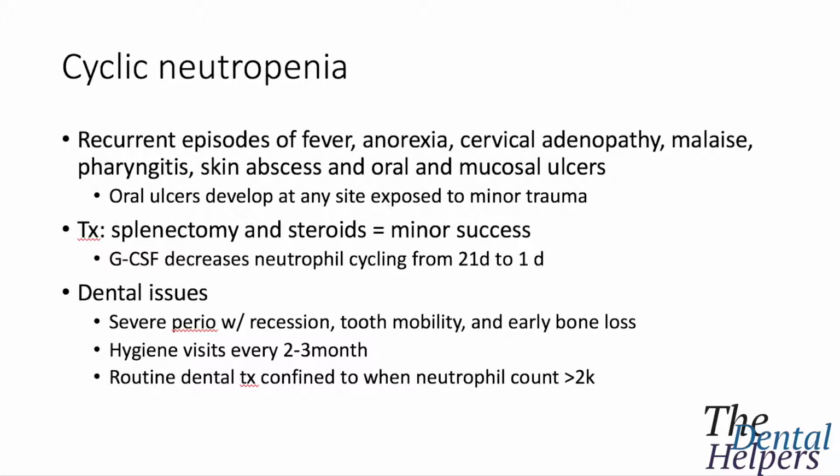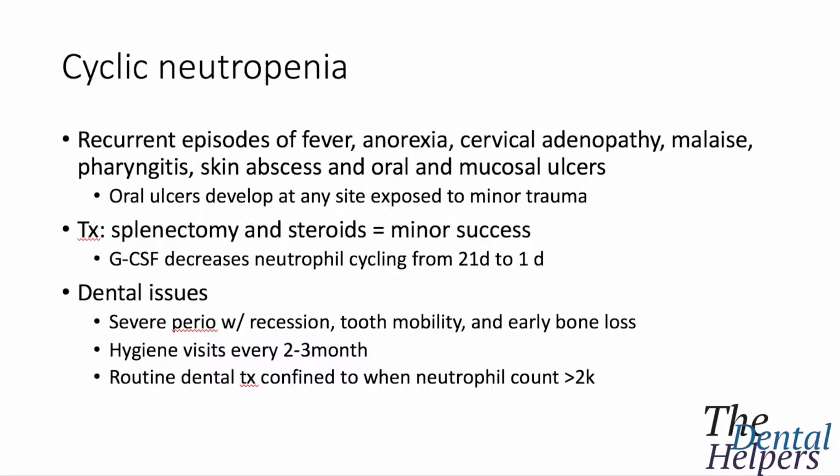G-CSF is going to decrease the neutrophil cycling from 21 days to 1 day. Some of the dental issues that have been seen are severe perio issues with recessions, tooth mobility, and early bone loss. Knowing that this is going to be a risk for these patients, you want to increase the frequency of hygiene visits, so more frequent recalls.